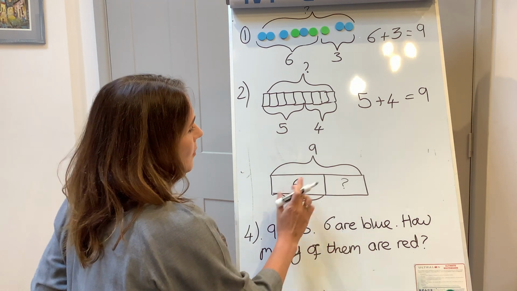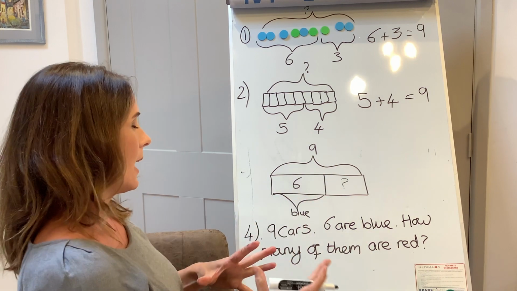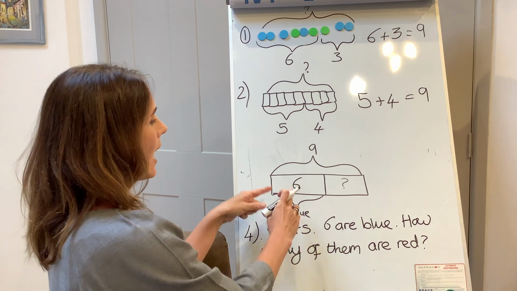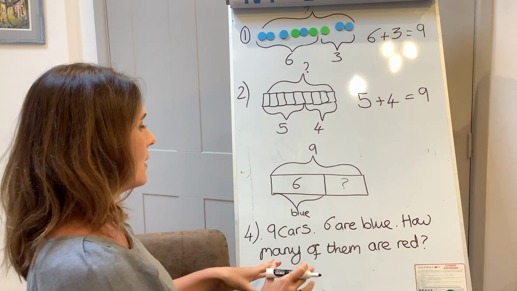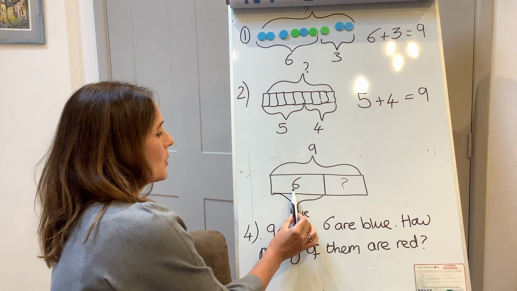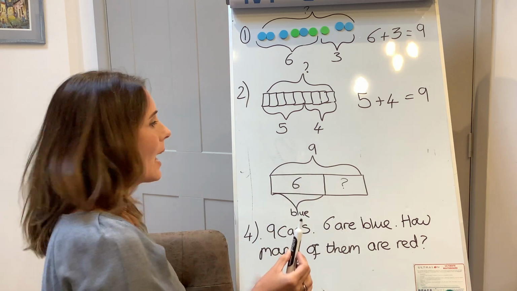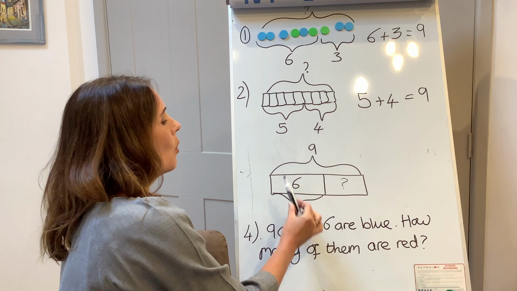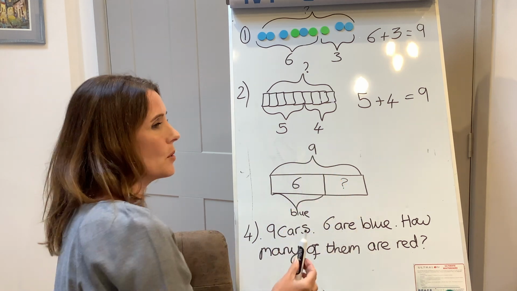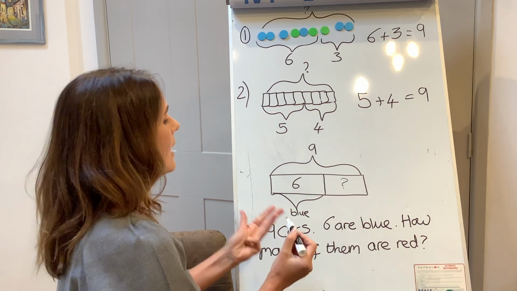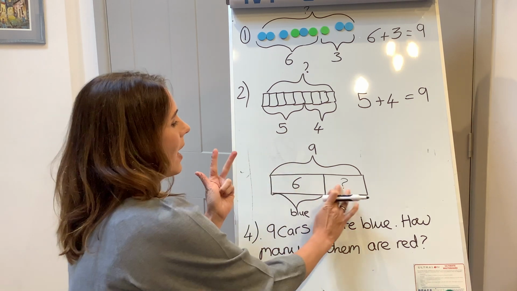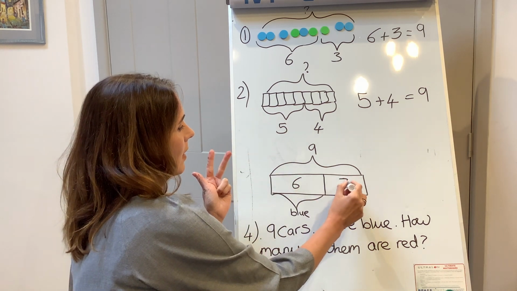So I can count on from 6 to get to 9. So I might count on using a number line. I might count on using counters on a tens frame, or I could count on in my head. I can put 6 in my head, know my number bonds, what goes with 6 to make 9, or I can put that in my head and count on 7, 8, 9, and I know that I've added on 3.